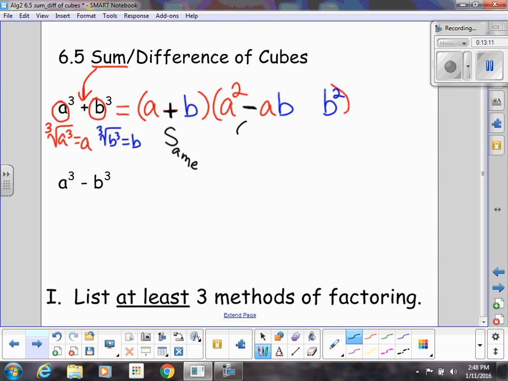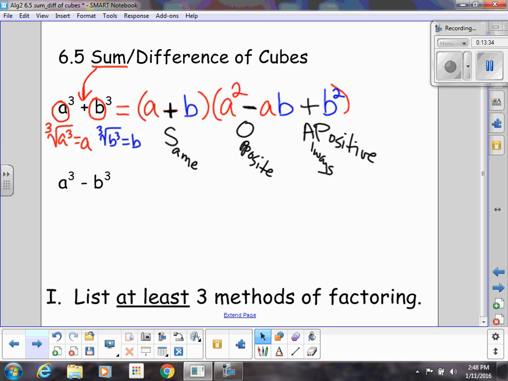So this is O for opposite. And then the last one is always positive no matter what the original sign was, so I'm going to put AP for always positive. If you see, that spells SOAP, S-O-A-P. That helps you remember those signs.